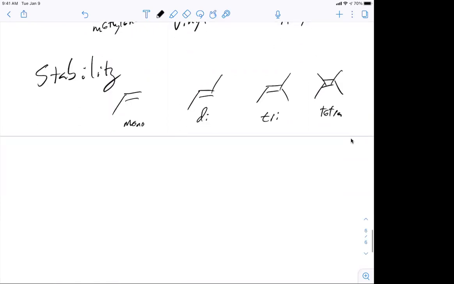And if we take different substitutions, and we burn it, we can get different combustion energies, right?